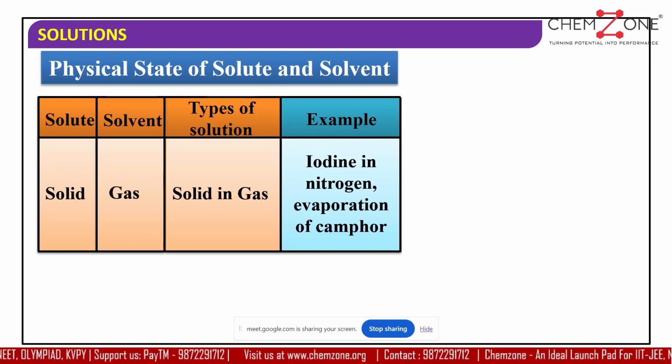So evaporation of camphor is basically a process. So how is this an example of solute and solution? Let me tell you. The camphor particles are the solute and the air is the solvent. Okay.